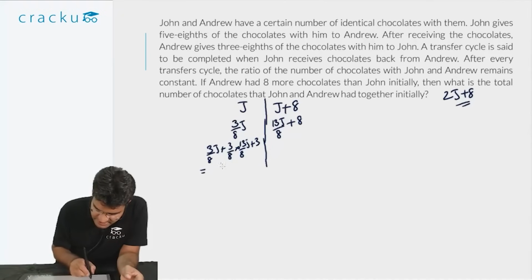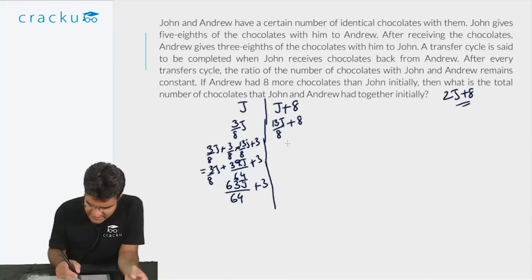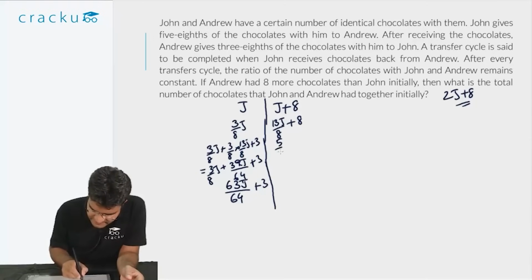This will be 39 j by 64 plus 3, and this is 3 by 8 j, which is 24 j by 64, so 63 j by 64 plus 3. Similarly with Andrew, it will be 5/8 into 13 by 8 j plus 8. This will be 65 j by 64 plus 5.